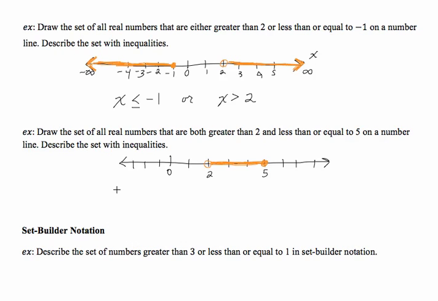Well, you could say x has to be greater than 2, and that word 'and' there is very important, x has to be, oops, that should say 2 there. x is greater than 2, and x has to be less than or equal to 5. Now there is a more compact way to write this inequality right here, which we're going to learn later on in the course. I don't want to confuse you for now, but if you know what I'm talking about, you can use that more compact notation.